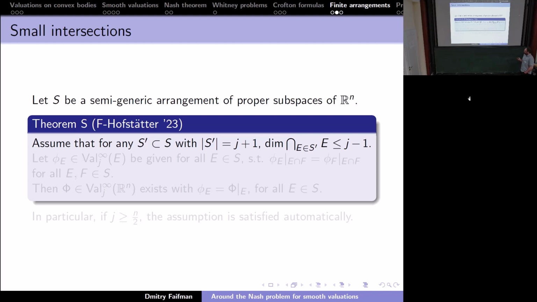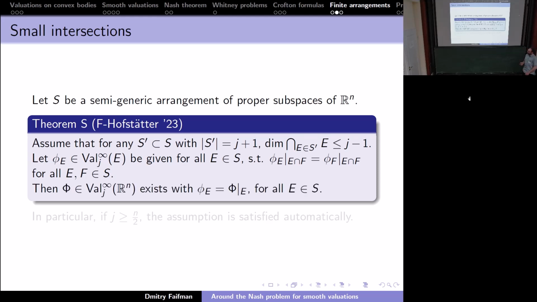Okay. And then I claim that the Whitney problem can be solved. What does it mean? Explicitly, if we have a valuation phi_E on every E, a j-homogeneous one, such that any two such valuations coincide on intersections, then you can find a globally defined valuation with those prescribed restrictions.